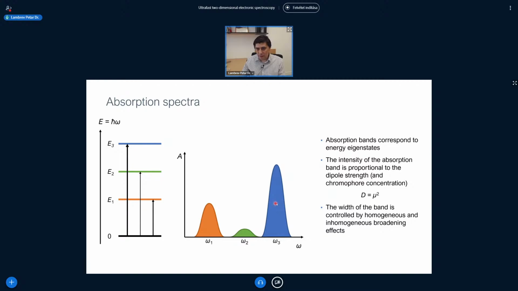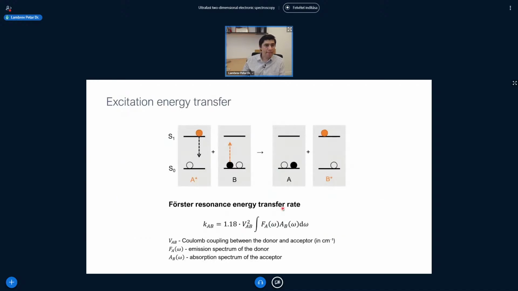We also have the width of the transition, which tells us about the spread of the energies or the width of the energy band, which is controlled by the things that are called homogeneous and inhomogeneous broadening effects, which maybe we will talk about later.